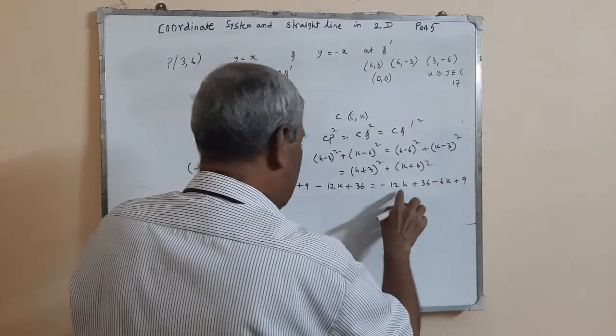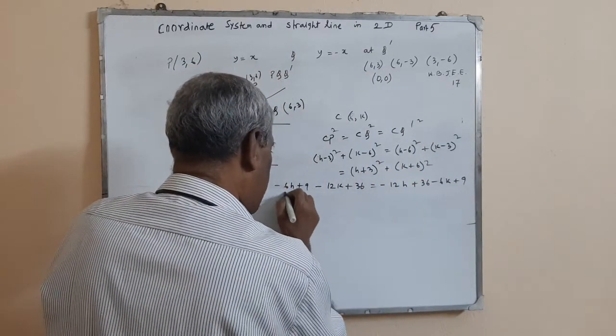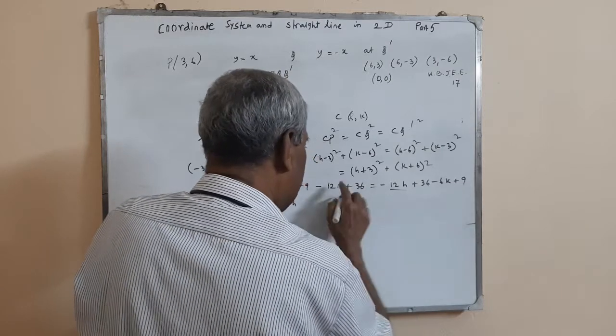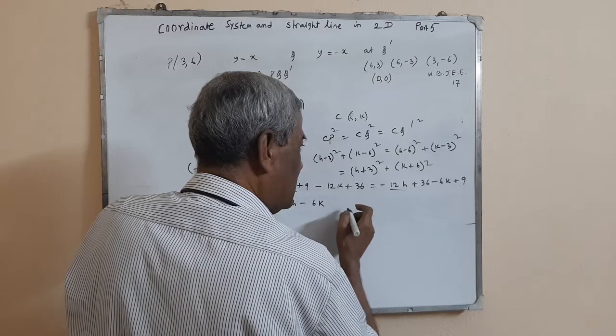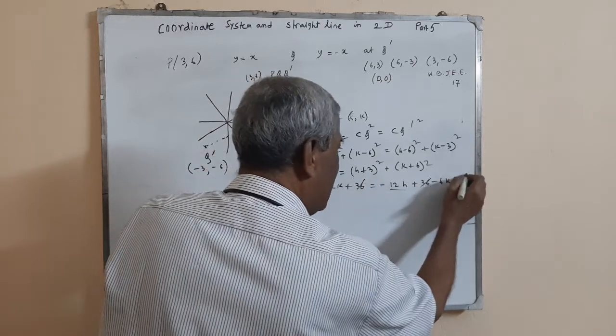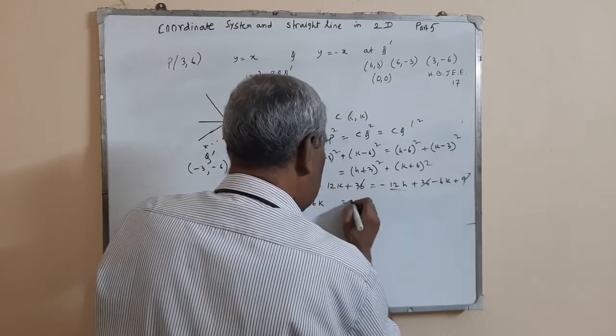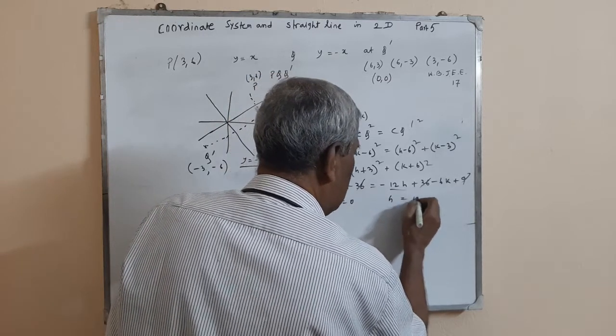That is, we get 6h minus 6k, 36 cancels, 9 cancels, it is equal to 0. That is, h is equal to k.